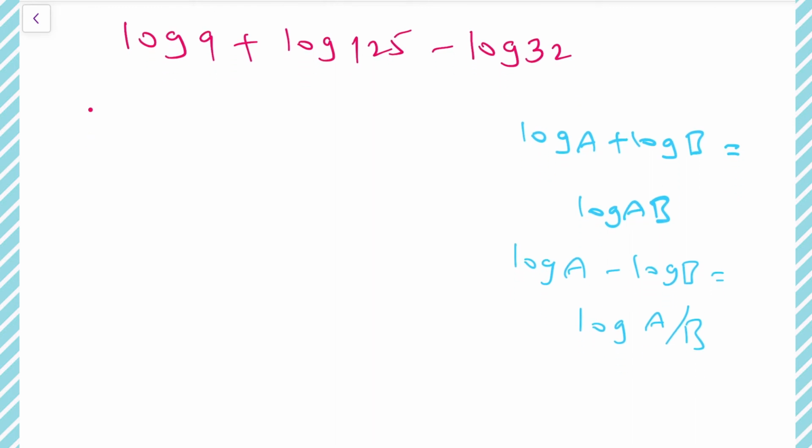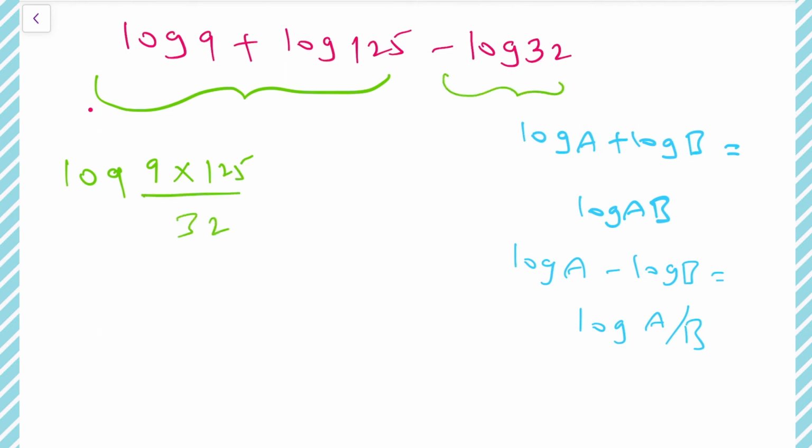Log 9 plus log 125 is in the form of log A plus log B, whereas minus log 32 is in the form of log A minus log B. So these two we need to multiply, that is log 9 into 125, and this one we need to write in division form, divided by 32. It is not possible to simplify further, any cancellation is not possible. That's why we need to write it as log of 9 into 125, which is 1125, divided by 32, as usual. Writing it as a single logarithm.